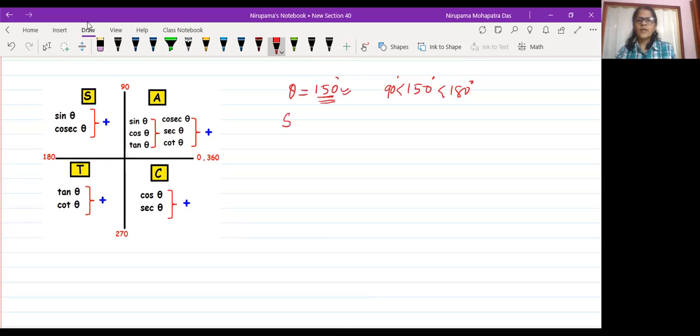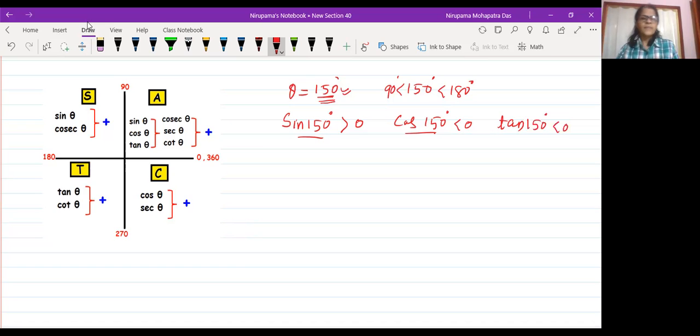So whenever we calculate the trigonometric ratios, sin 150 degree will be greater than 0, cos 150 degree will be less than 0, and if sin and cos are of opposite sign, sin positive, cos negative, or sin negative, cos positive, then obviously tan will be negative.